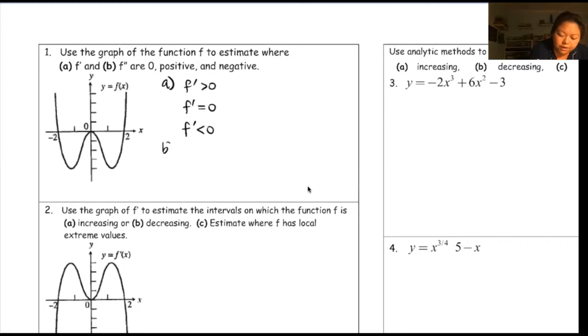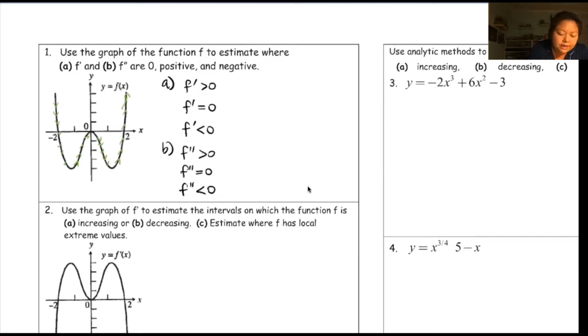And then furthermore, part B, when is F double prime positive, when is F double prime equal to 0, when is F double prime negative. Okay, so the first color I'm going to use is green. This is going to be the direction of my graph.